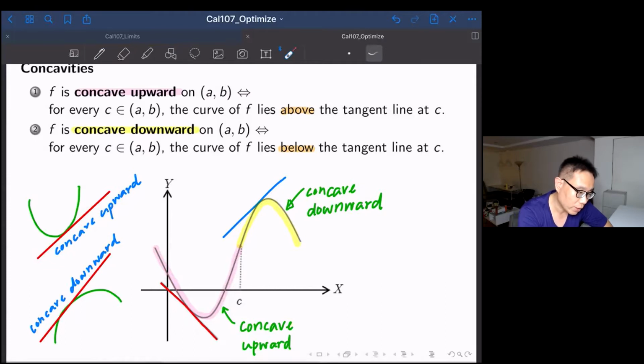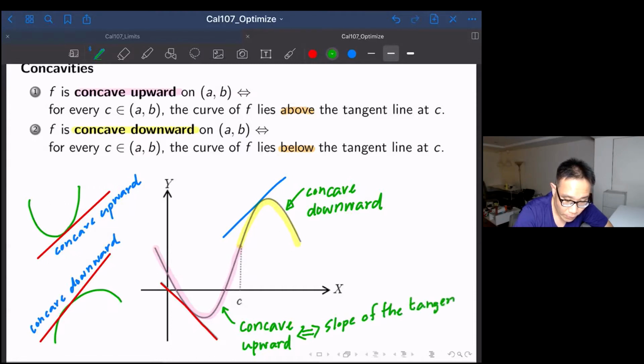So concave upward happens if and only if the slope of the tangent line is increasing.